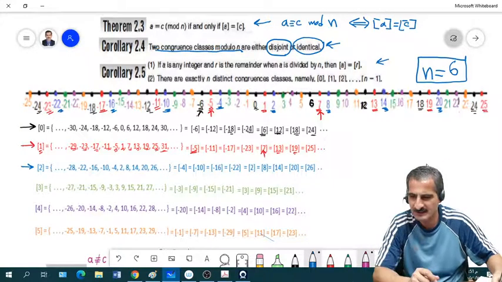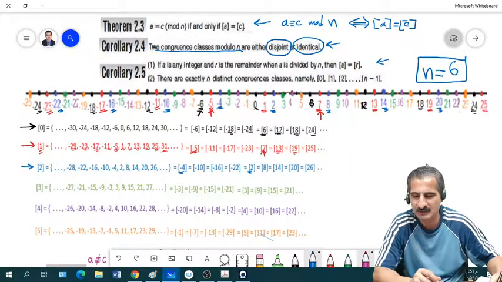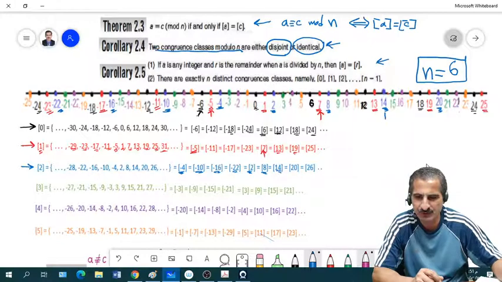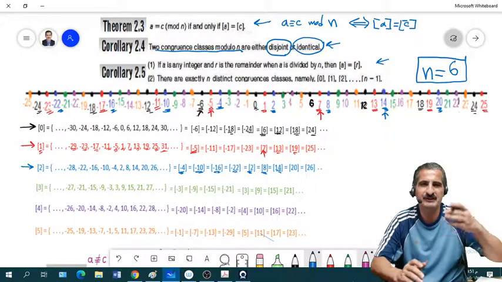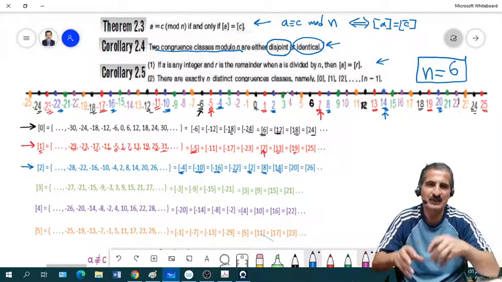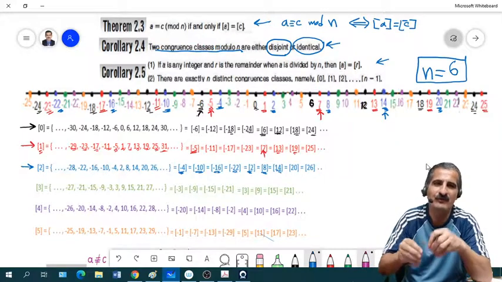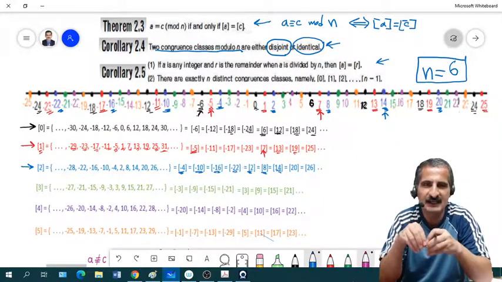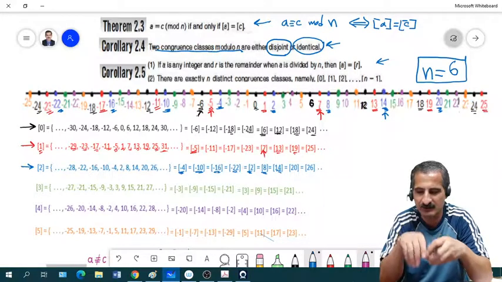And it is the same class as the congruence class of 4. Take, for example, go to 14 and move by jumps of multiples of 6, then you will find yourself moving on the same set that has a blue color.